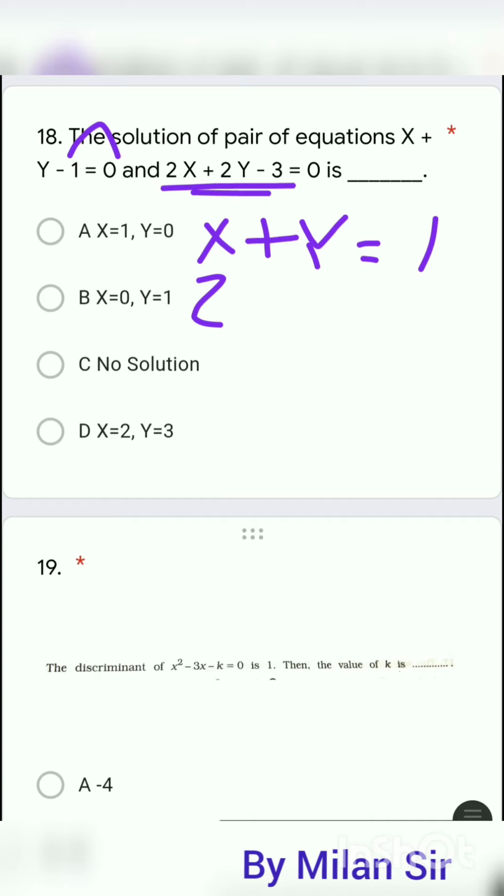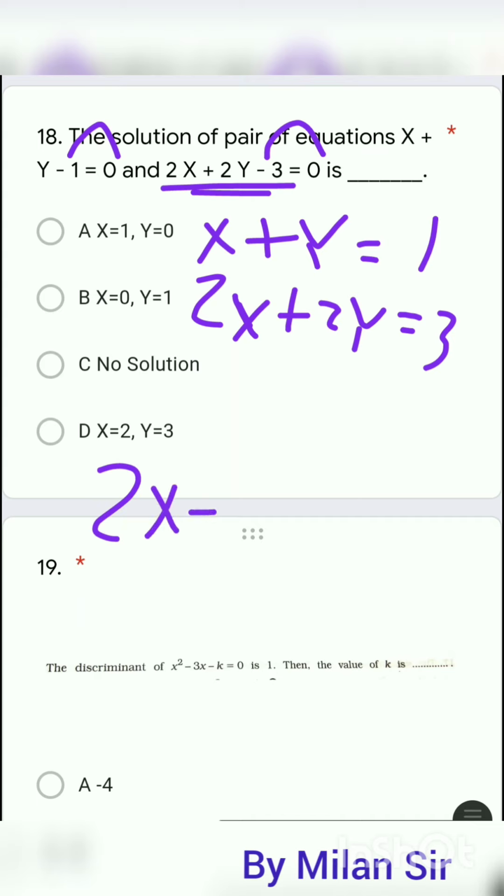Here 2x plus 2y, transfer this minus 3 to the right hand side, it becomes plus 3. Now if you want to eliminate, here we can eliminate variable x or y, it's your choice. You can use elimination, substitution, or cross multiplication, whatever you want. Here I am going with the elimination method. So the second equation I write as it is.